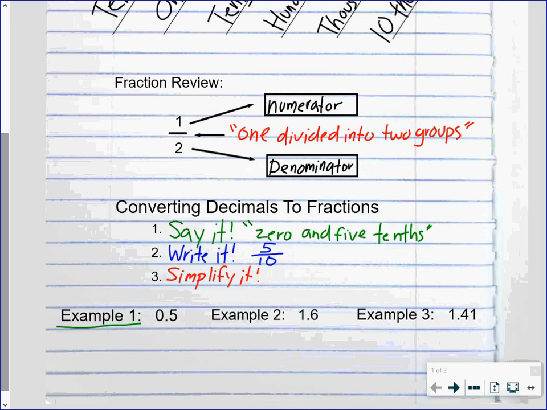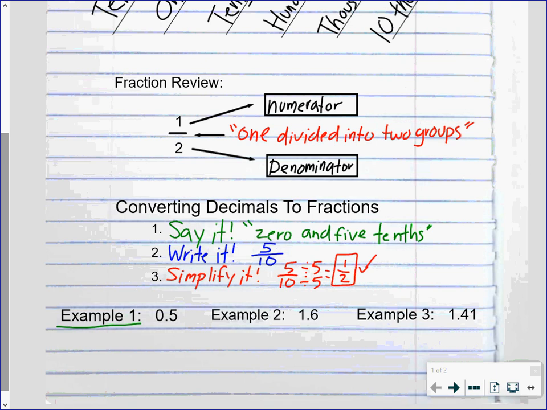So we know that 5/10 can be simplified because both the numerator and the denominator can be divided by 5. So our answer is 1/2, and that cannot be simplified anymore, so that is our final step.